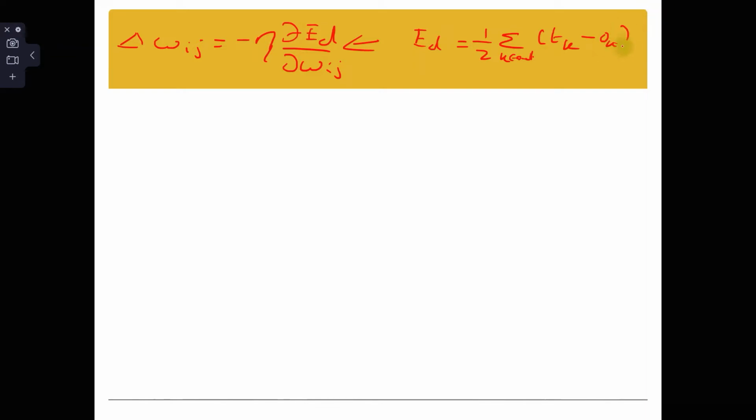This is what we define as the error term. If you look at the error term, there is nowhere that you have a wij. This is why you need to apply the chain rule to be able to work this out. To be able to apply this derivative of del ED by del wij, you will need to use the derivative. What is the derivative that you are going to use? The chain rule, sorry.